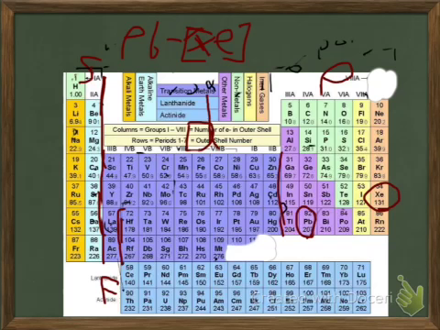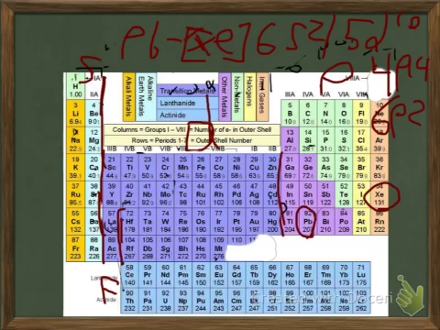So after that would be 6s2, and then it would be 5d10, and then 4f14, and then 6p2 to get to lead.